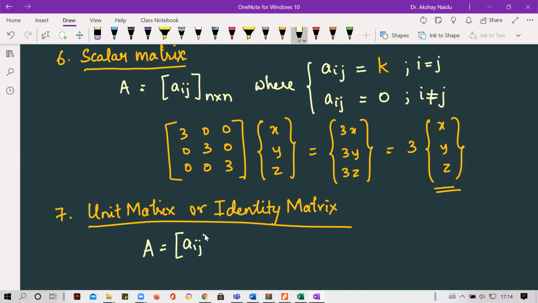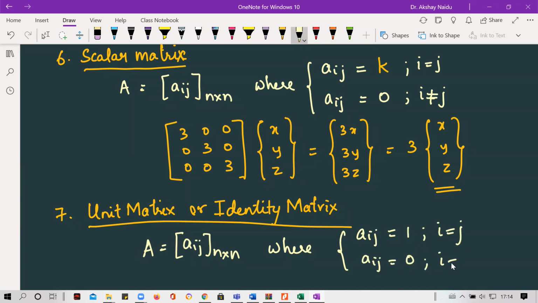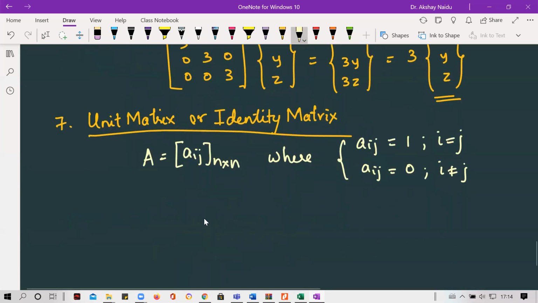We have studied that unit matrices are matrices with diagonal elements 1 and off diagonal elements 0.